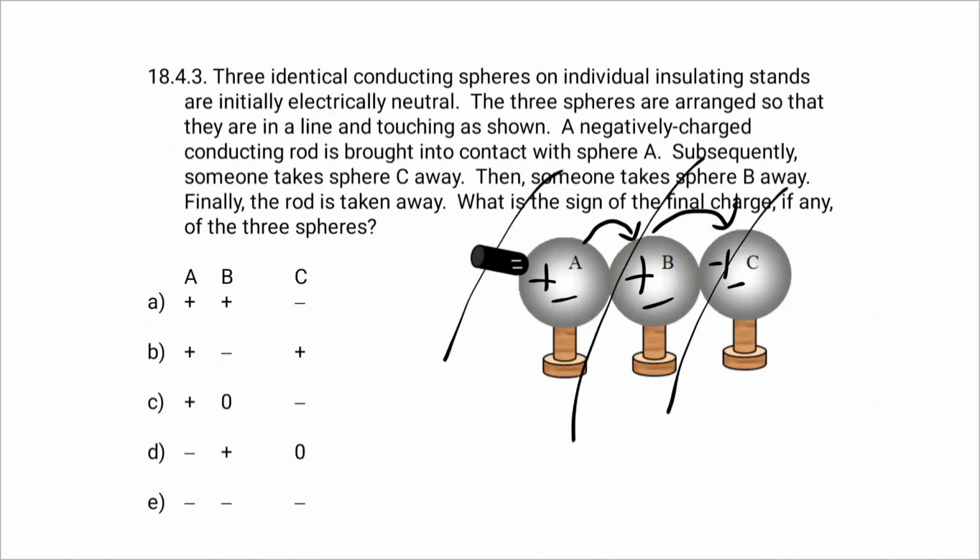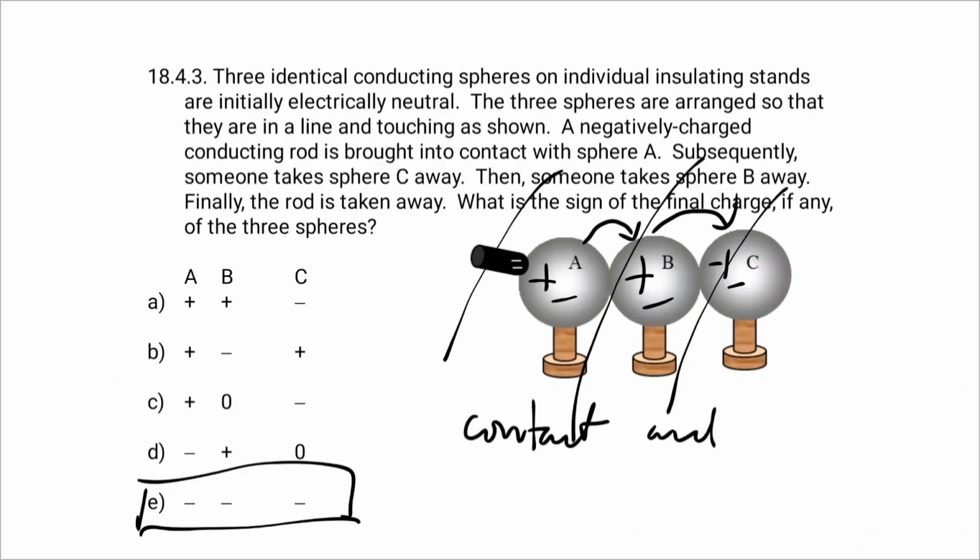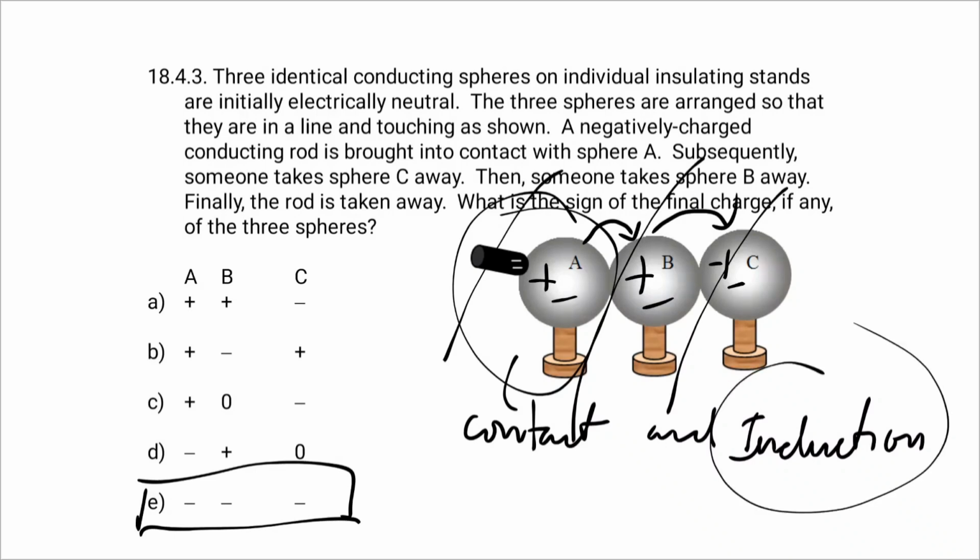So the answer here is letter E: negative, negative, and negative. Because, again, the process here is contact and induction. The contact is from A, and the induction is where the charges are transferred to B and C.